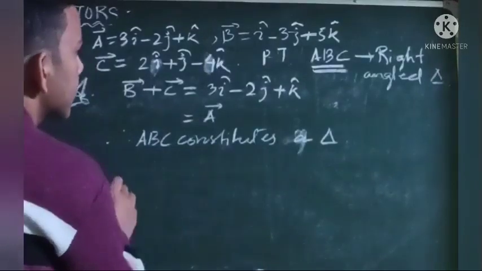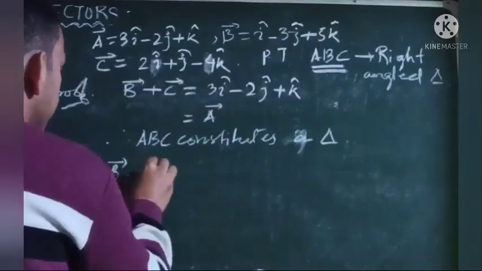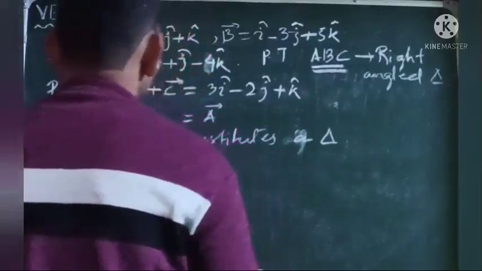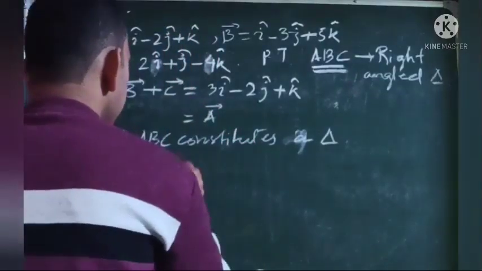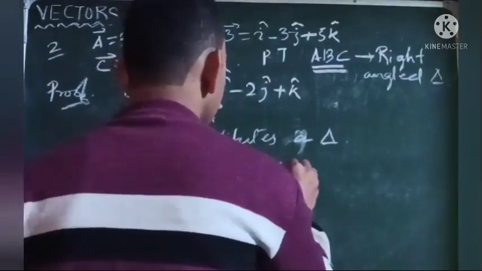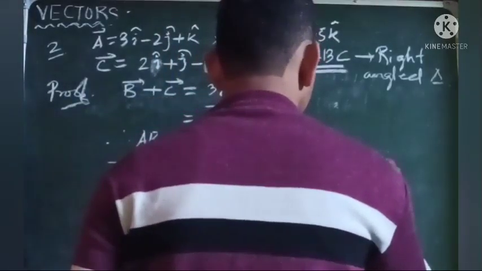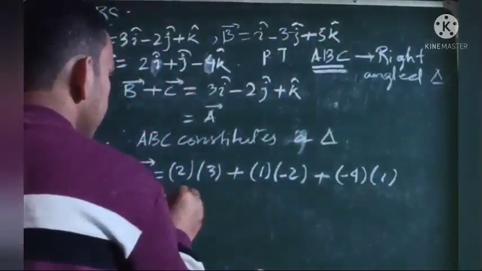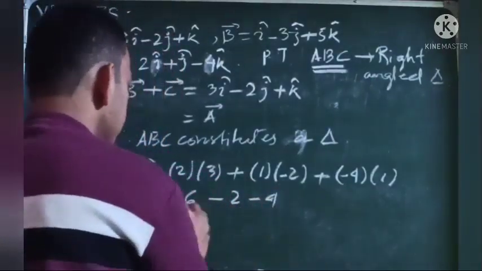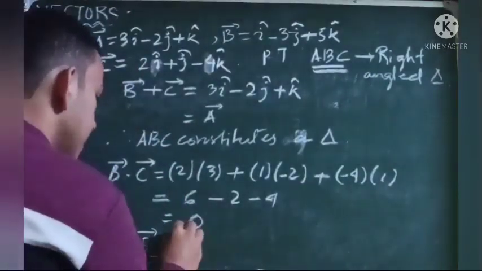By hit and trial method, let us first find B dot C. Multiplied with 3 plus 1 multiplied with minus 2 plus minus 4 multiplied with 1. Here we are getting 6 minus 2 minus 4, which is 6 minus 6, and it is going to be 0. Therefore, we can see that B vector is perpendicular to C vector.